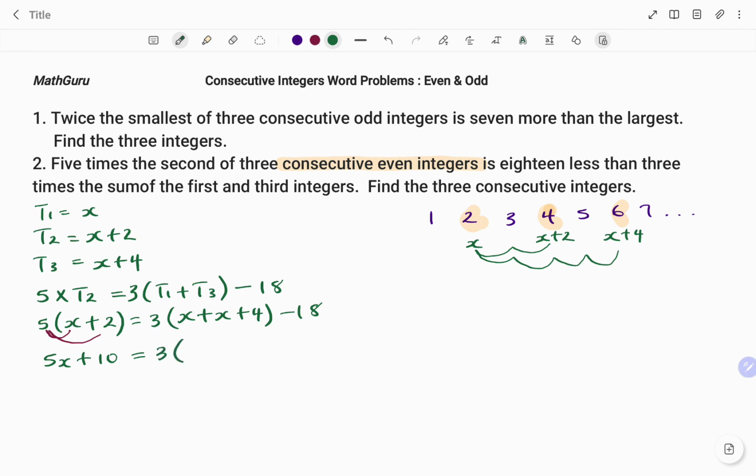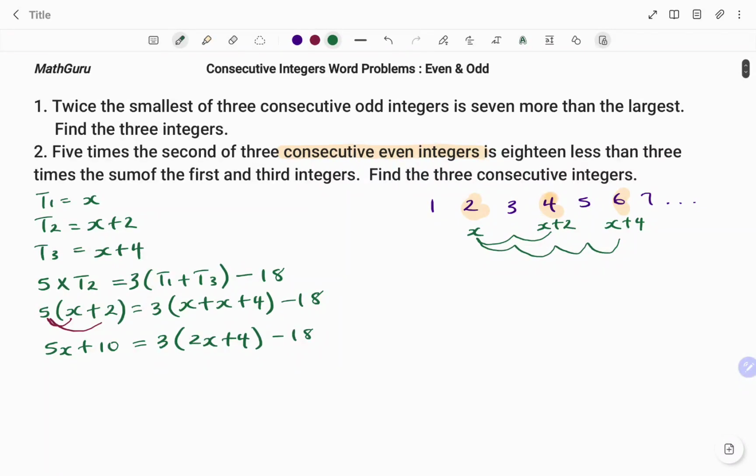So I have 3 times 2x plus 4, minus 18. If I resolve, 5x plus 10 equals the number outside the bracket multiplying all the terms within the bracket. So that will be 3 times 2x, 6x, plus 3 times 4, 12, minus 18.